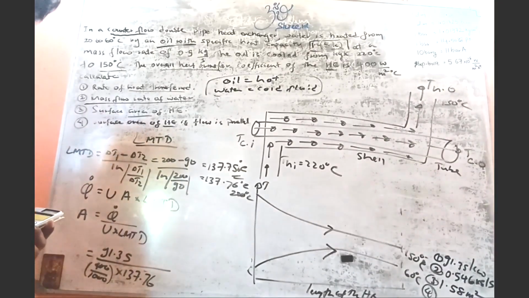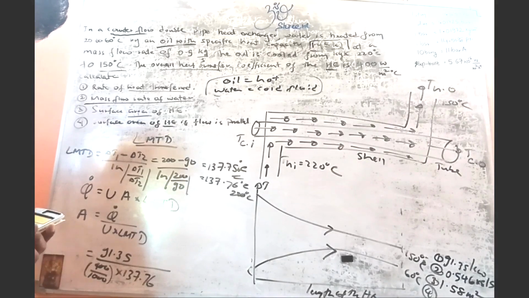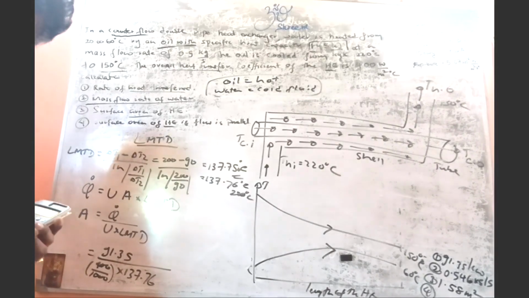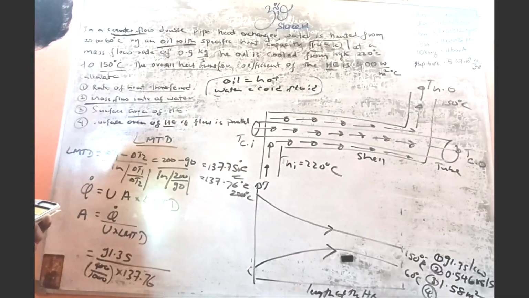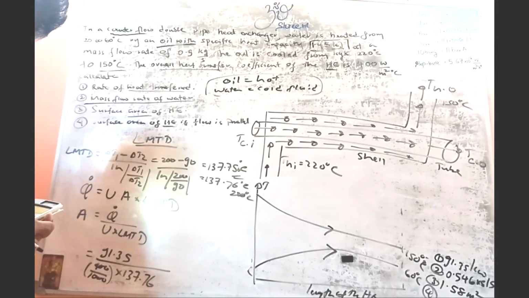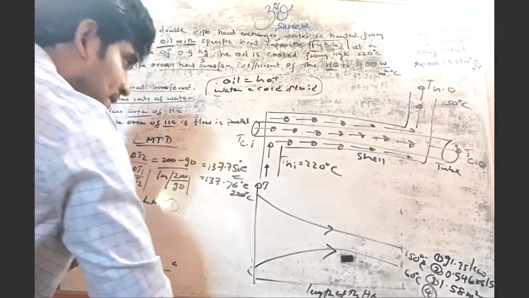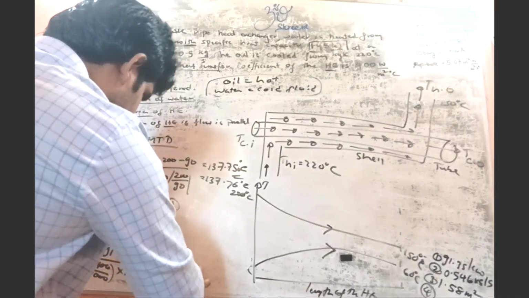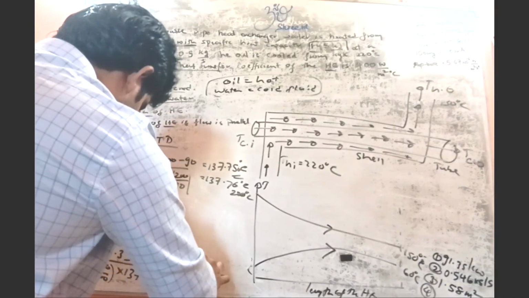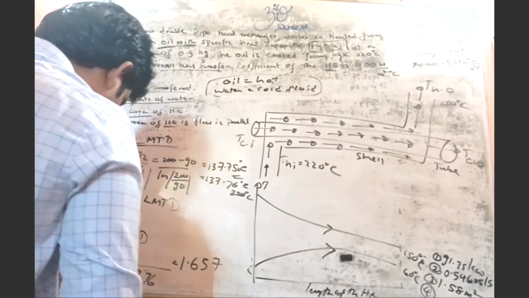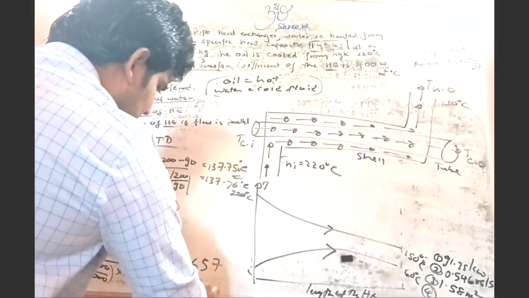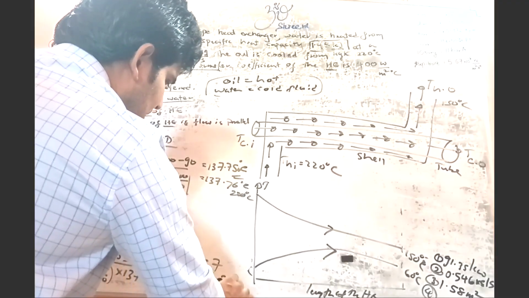So what is the answer? 91.35 divided by that, so the area I am getting is 1.657, so better say 1.66 meters squared.